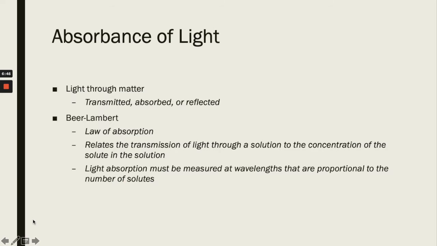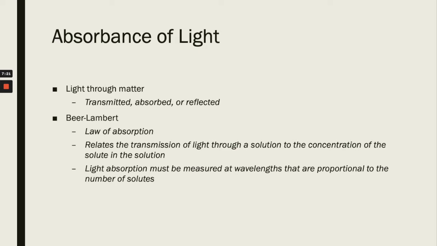All right, so jumping into how our pulse ox works. Pulse ox is basically light being transmitted through matter, and it can be transmitted, absorbed, or reflected. Beer-Lambert's law essentially is a law of absorption, relating the transmission of light through a solution to the concentration of the solutes in that solution.